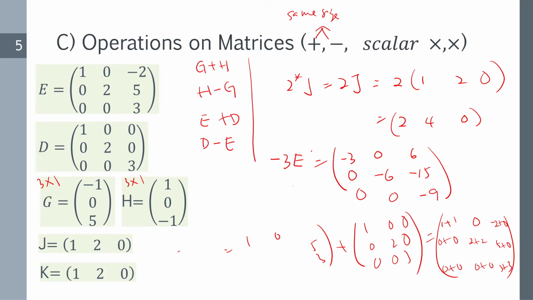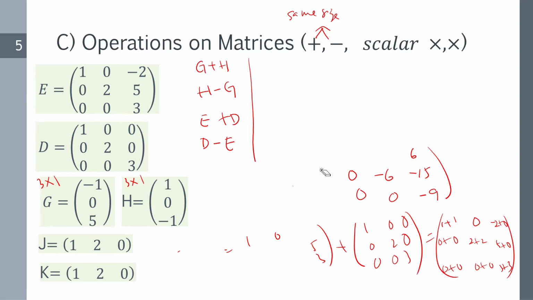Okay, so now after scalar multiplication, we look at the multiplication of 2 different matrices. Now over here we have one rule for the multiplication of 2 different matrices A and B. If you want to multiply these 2 matrices, let's say my A is of size m times n, and my B is of size p times q.